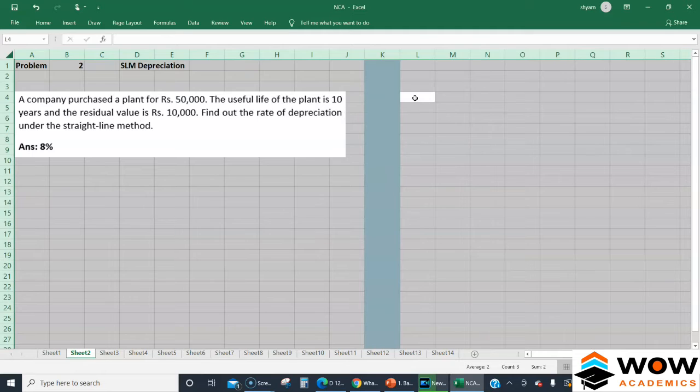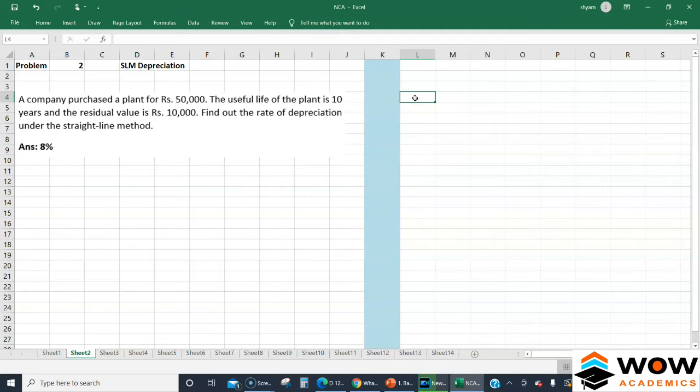The method is a straight line method. So we'll start. The depreciation per annum we have to find. What is the depreciation every year?